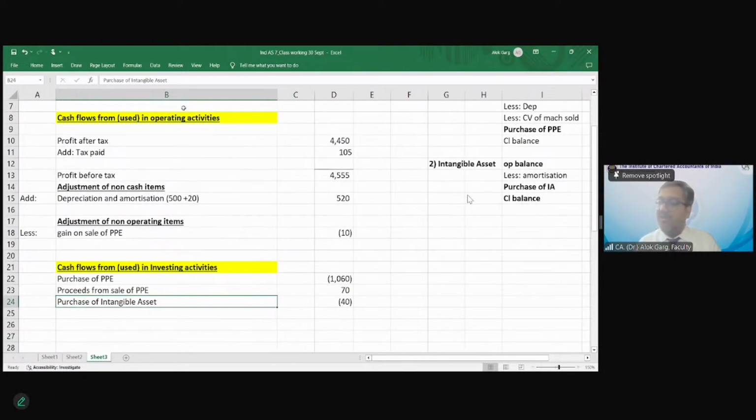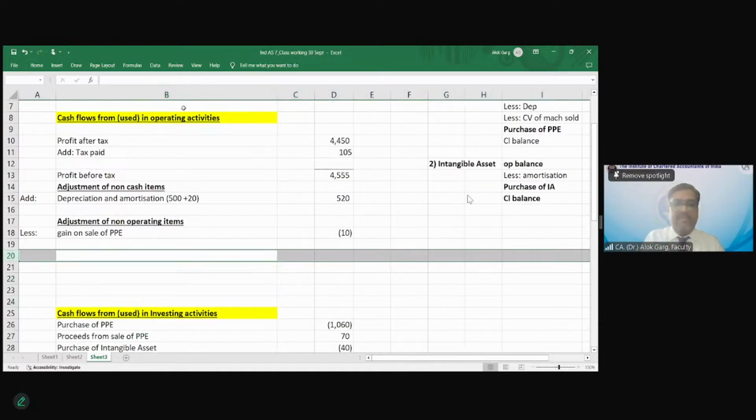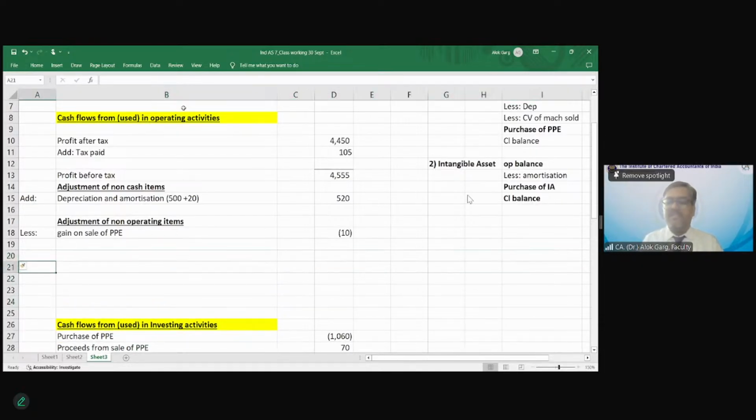Now let's go to the third line item. What is my third line item? Other financial assets, right? The question says that it is all for operations. So now I have to adjust my changes in operating assets and liabilities, right?